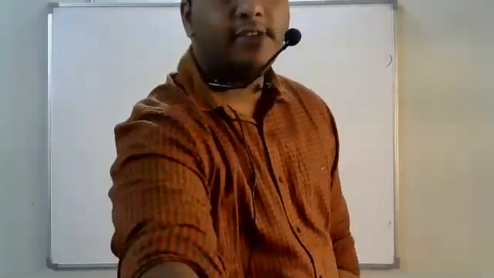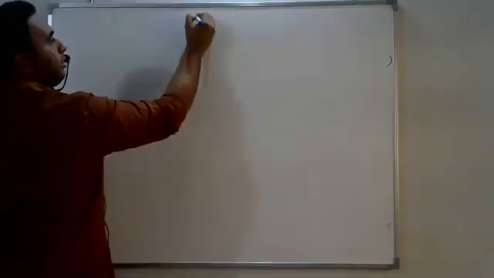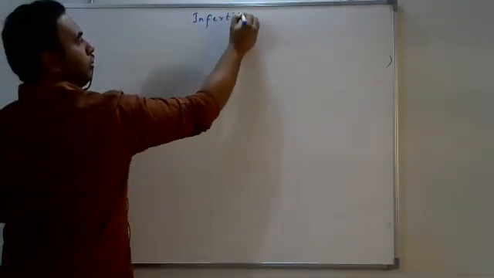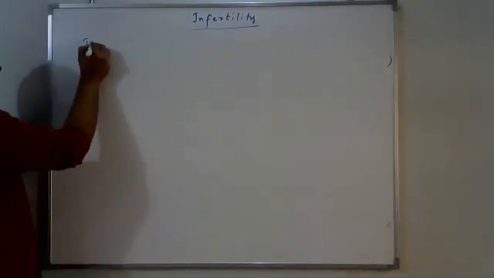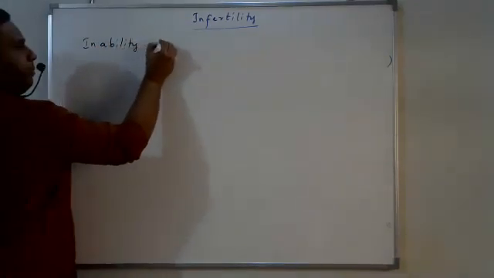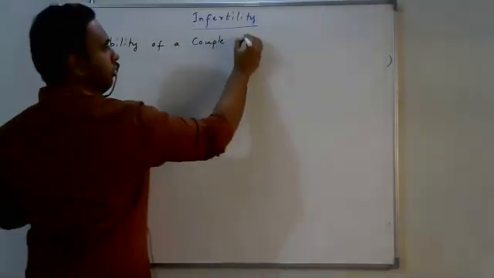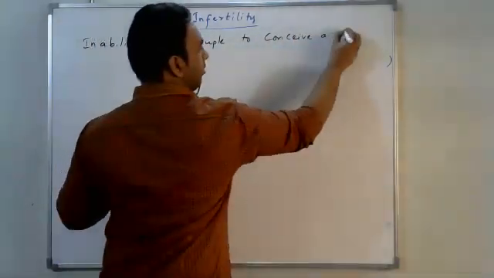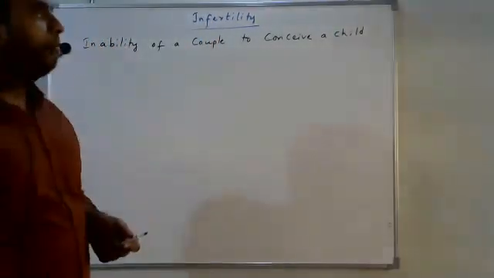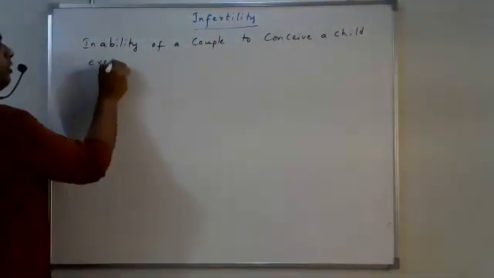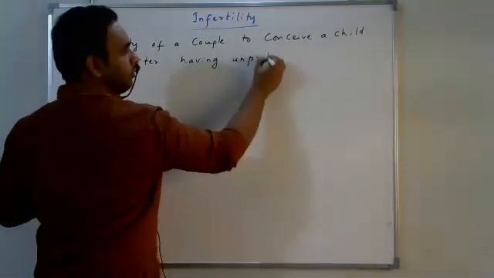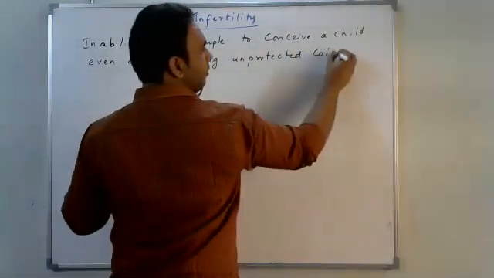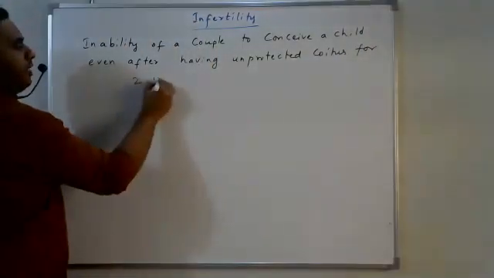Infertility is termed as the inability of a couple to conceive a child, even after having unprotected coitus for almost 2 years.